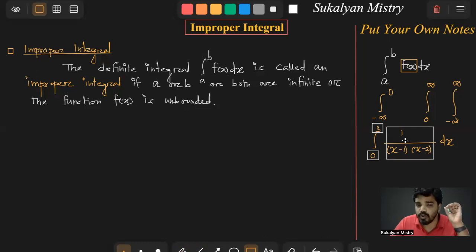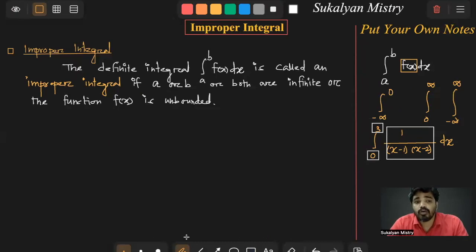Unbounded means you consider at which points this function will be discontinuous. See, x is equal to 1, put it, 1 by 0 becomes undefined. So this function f(x) is unbounded. Clear? So this is an improper integral.